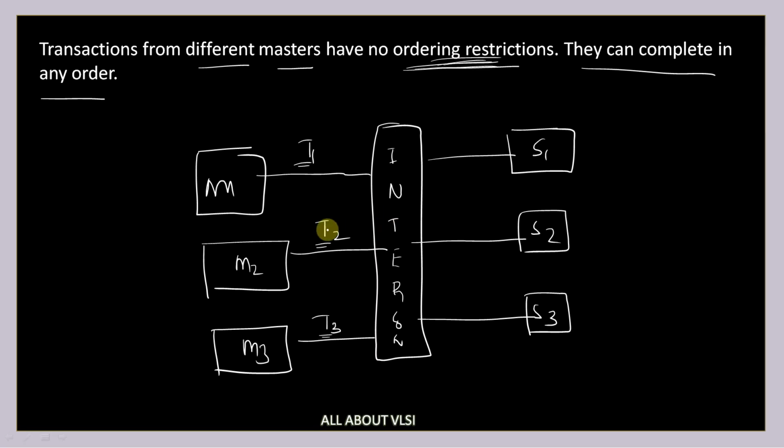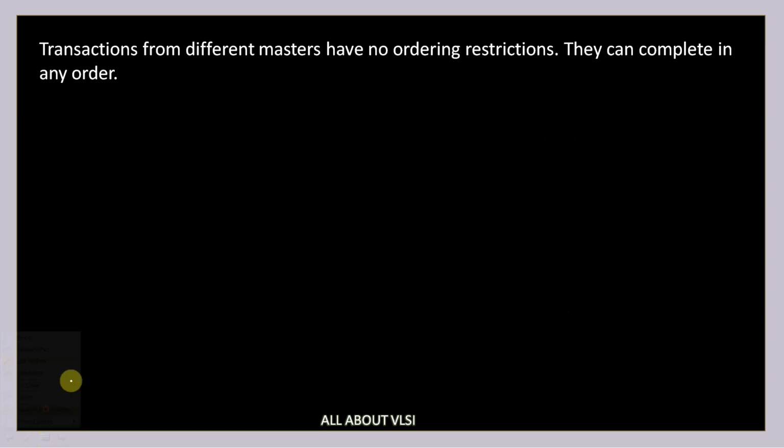So the interconnect first issues this T2 to slave 2, and next it can send this transaction T3 to our slave 3, and next it can send our transaction T1 to slave 1. So there is no order restriction. Different masters can complete the transaction in any order which we want. That is nothing but my out of order transactions.